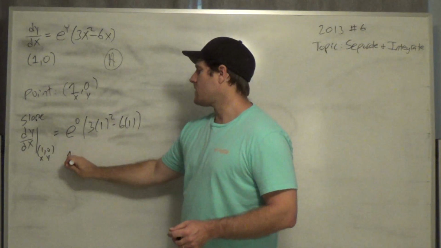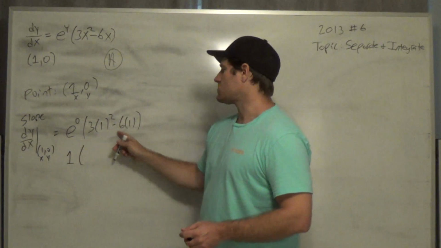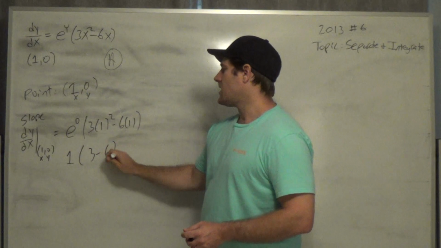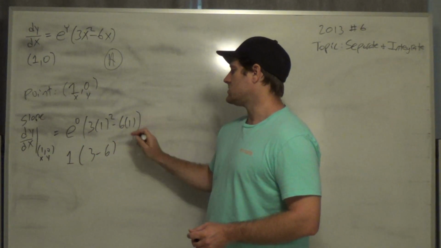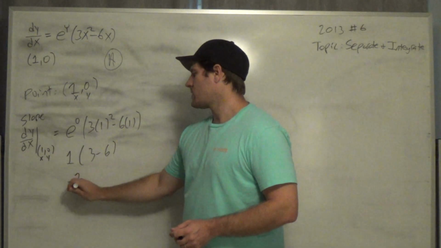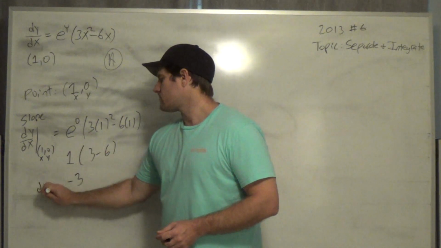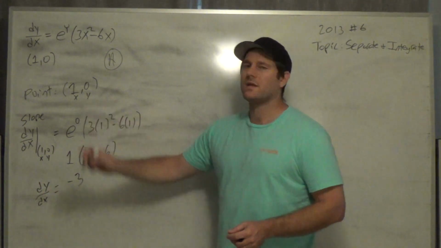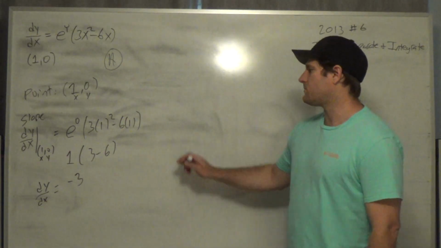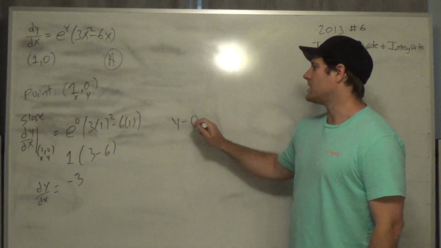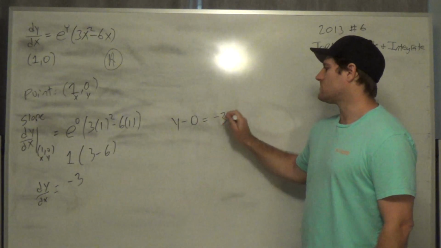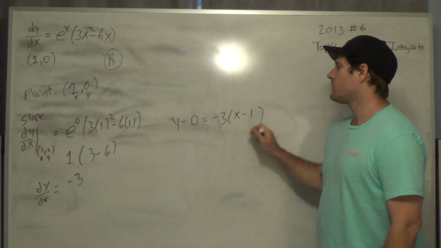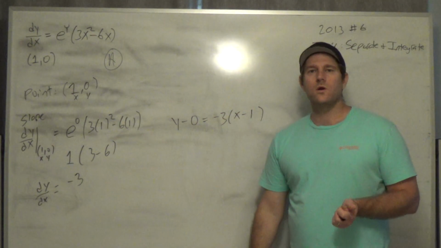So e to the 0 is 1, this is 3 minus 6, and that's negative 3 times 1, which is negative 3. So the slope is negative 3. So we take the point and the slope and write the equation in point-slope form. y minus y1 equals m times x minus x1. And that's it. We earned some points.